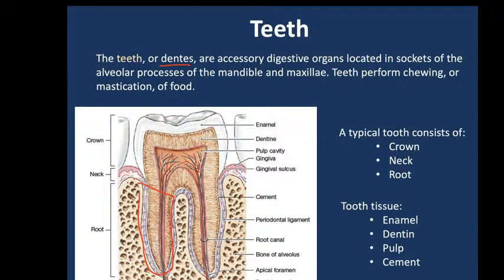Here is the socket in mandibula or maxilla, and roots are embedded in each socket.